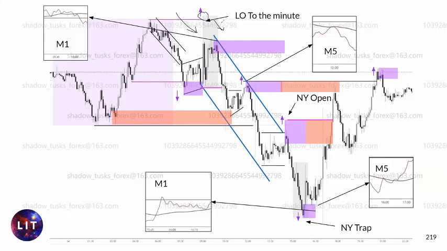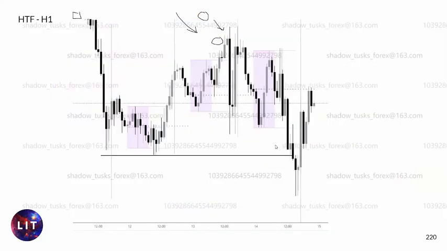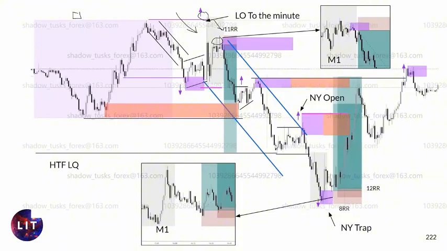Let then EDM, right? So at the end of London open, we get this let that mitigates this M1 POI. And to be safe, I would put my SL above here, but if you want to be aggressive, you can obviously put your SL there.